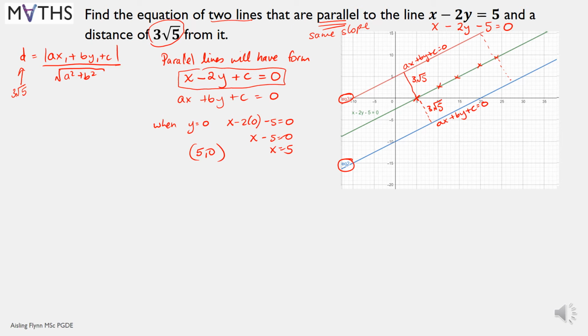Alright, I'll just enclose that to give us more space. So we're going to use our perpendicular distance formula and put in what we know, and hopefully we'll get out what we need.